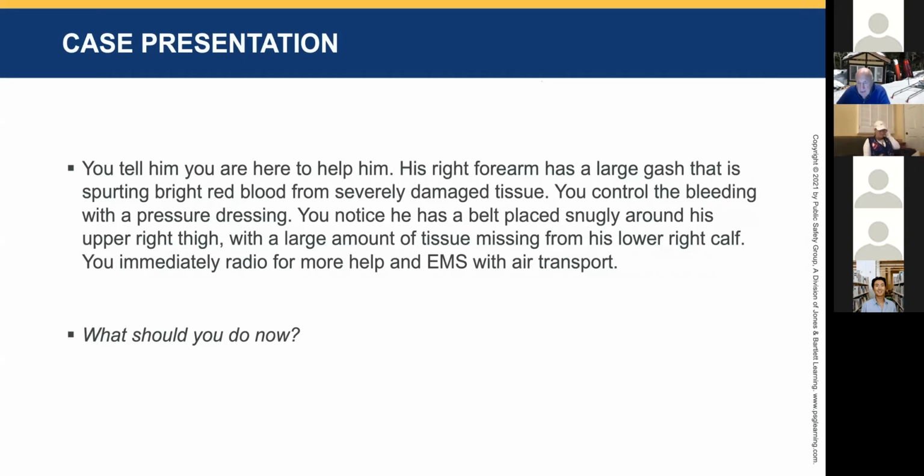Now, obviously, if we are able to, with a pressure bandage, control the bleeding at the lower leg, we've got the tourniquet in place. It doesn't mean it has to be cranked down. In fact, if we can control the bleeding without it, so much the better, because we're going to reduce the possibility of injury of the leg. Anybody have any other thoughts there?